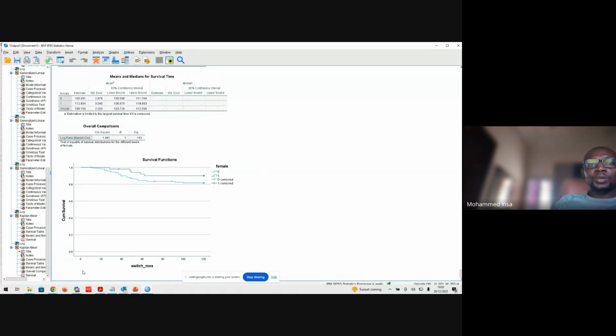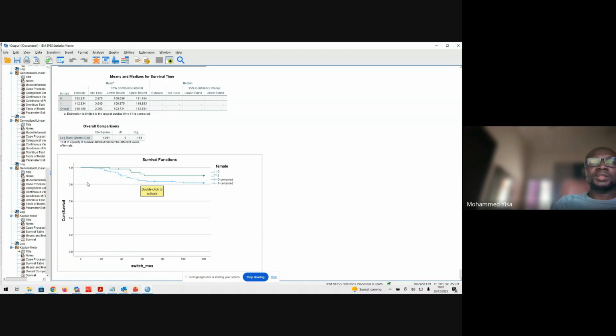And if we want to really check that, let's say here at 60 months, this is the halfway point. If you draw a straight line upwards, you would see that the probability of survival here is less in men compared to women. So you see the probability has actually dropped here.